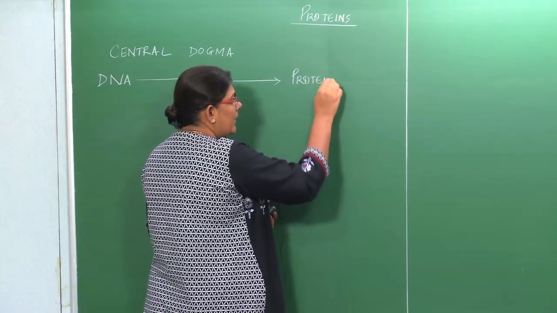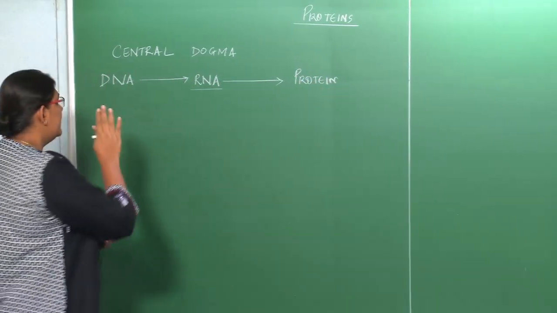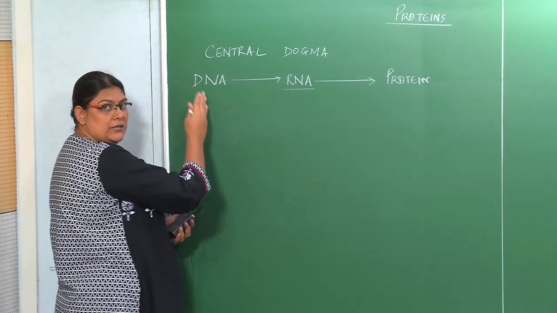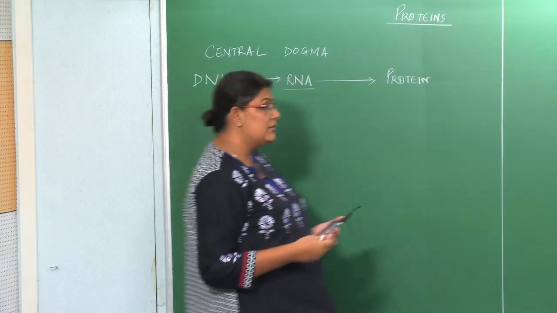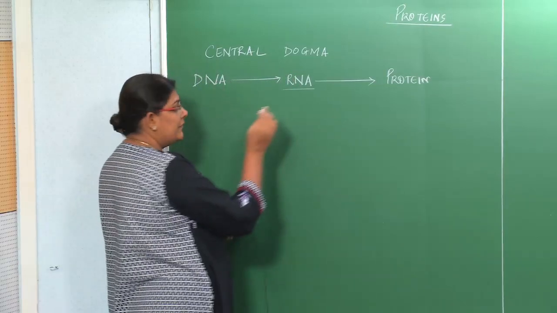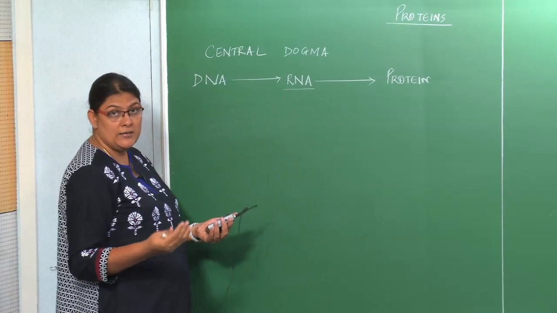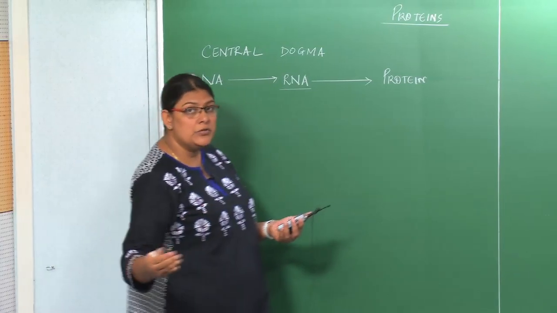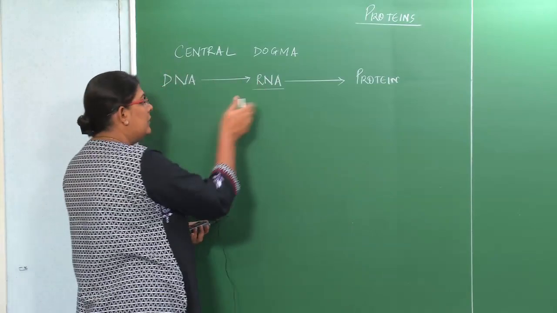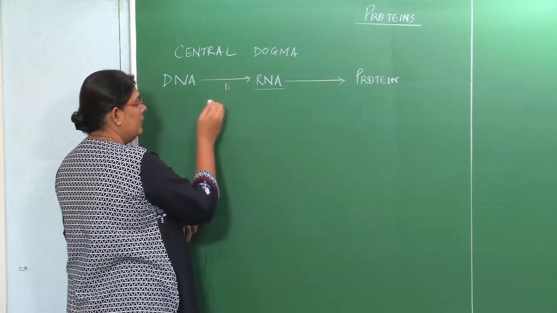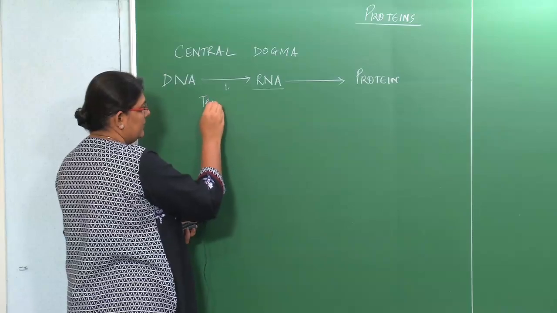All right. Now, this process, step 1, in which the instructions are read and are communicated from the nucleus into the cytoplasm by one specific kind of RNA, which we call the mRNA. There are other species of RNA as well, but this conversion from DNA to RNA is process 1, which is called transcription.